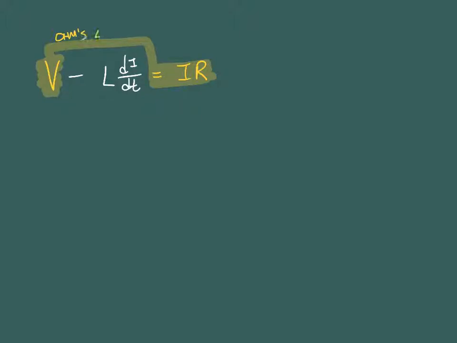And to finish the deal on this, what that'll boil down to is V minus L di/dt equals IR. Now I want to point out to you that what do I have here? I have voltage. This part here is essentially Ohm's law, which shouldn't be called a law because it's not always true.